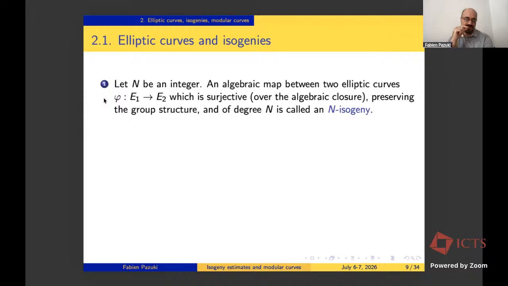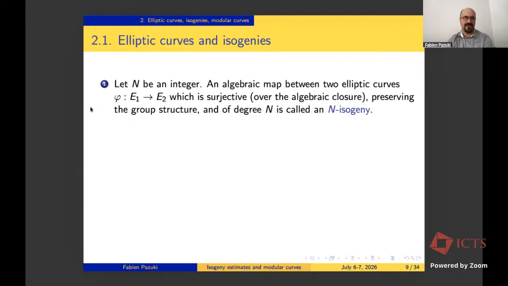So P plus P plus P, n times, will give you a map that we in general call the multiplication by n map. So the concept captures that as well. You do have some homomorphisms that are surjective over the algebraic closure.